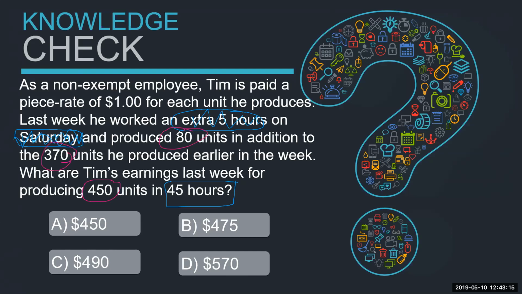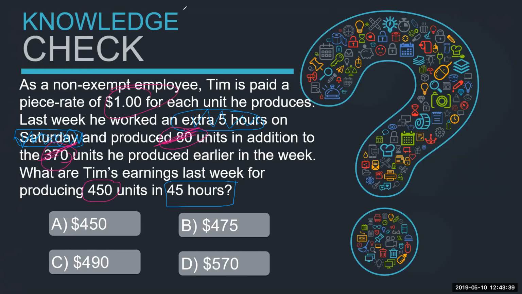They repeated the information, which could make it feel like it's absolutely irrelevant or it's overwhelming. But you don't need it. Now, had it not been listed as a lump sum in the last statement, yes, you would need it. But 450 units valued at $1 a piece, produced over 45 hours, that's all you need.